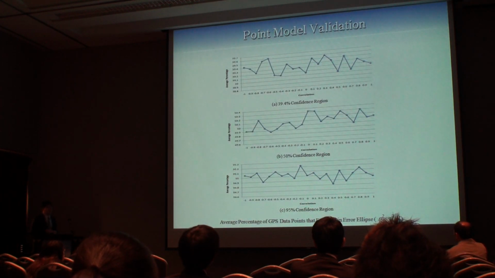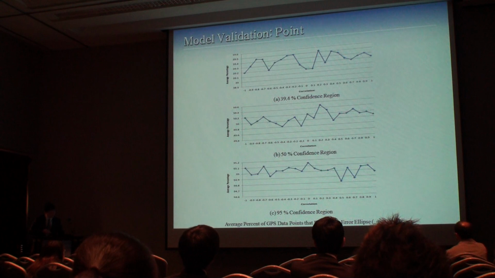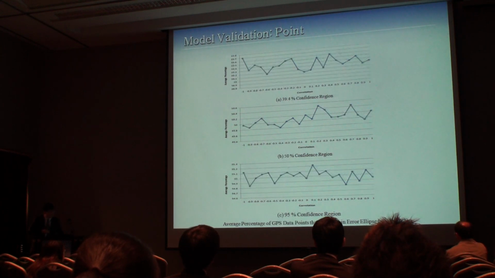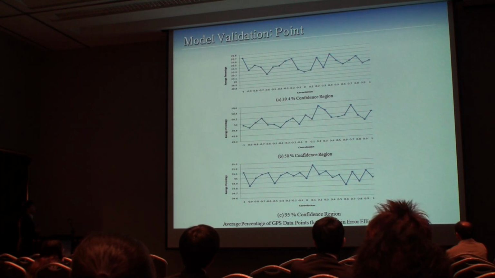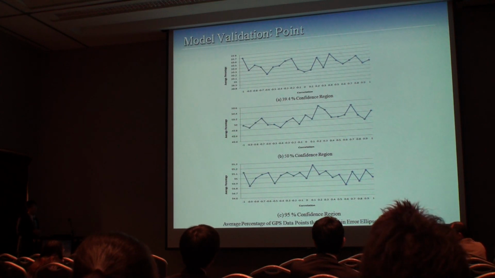The next three slides show the simulation result with an equal variance and unequal variance. The x-axis shows the correlation varying from -1 to 1. Each interval is 0.1. And the y-axis is the average percentage of the points that fell within the corresponding confidence region.